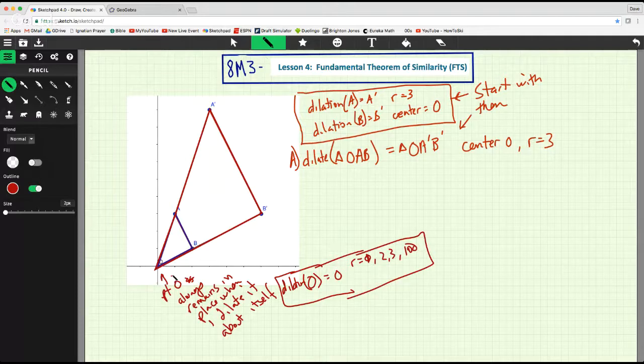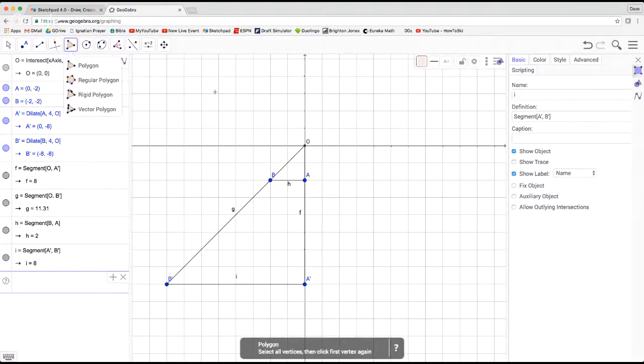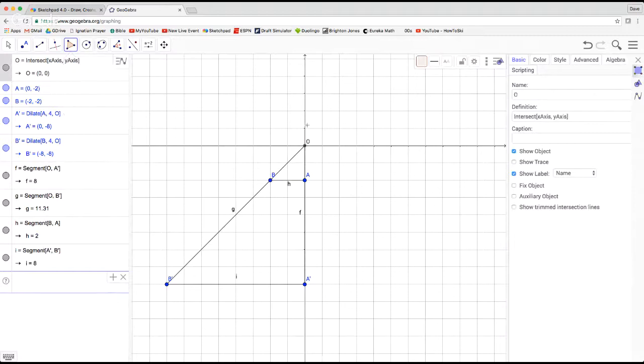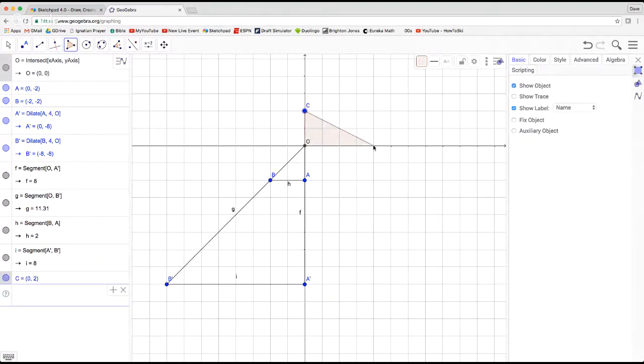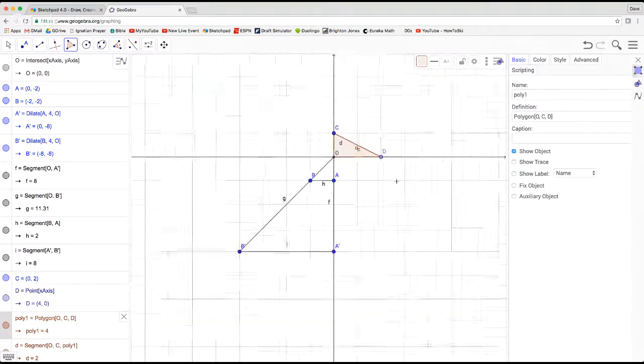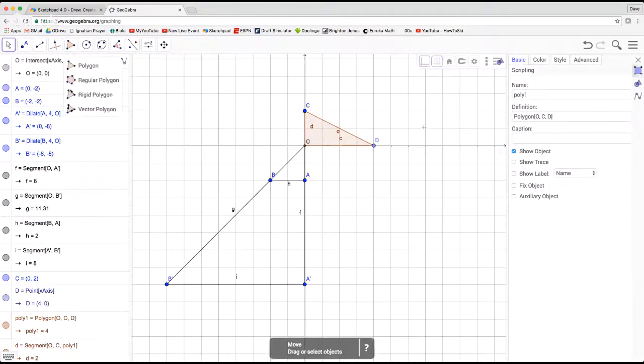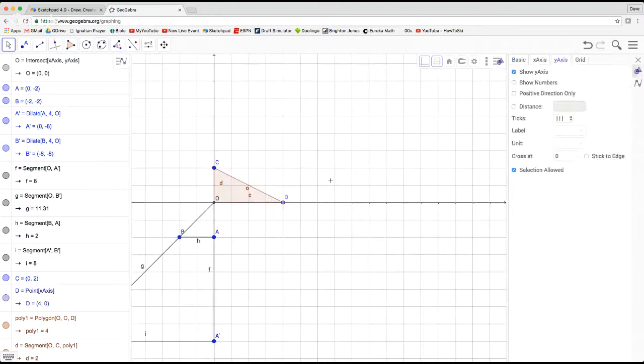So the interesting thing is, if I dilate it, we can go to GeoGebra just to see that this is true. This is kind of fun. So let's make a triangle over here, a polygon, and you'll see how this works. Whoops. I told you I wasn't going to go to GeoGebra, but I just love doing it. So now, let's make a slider here.